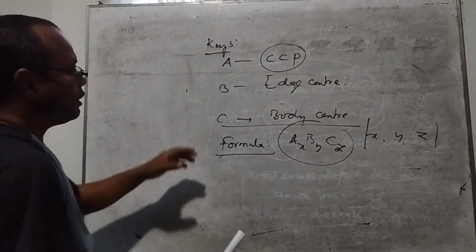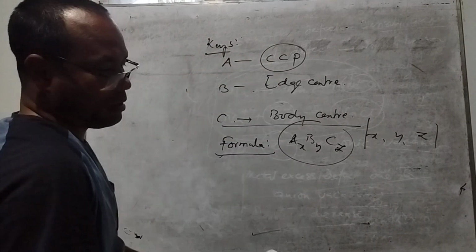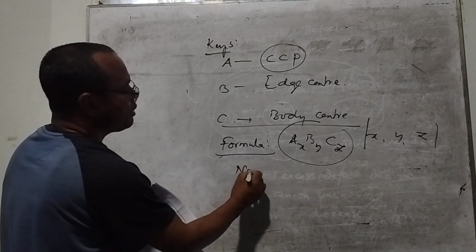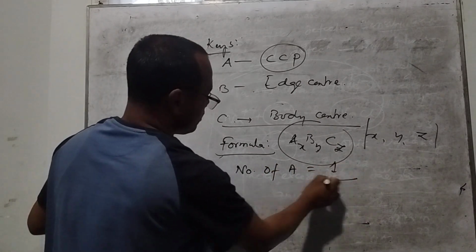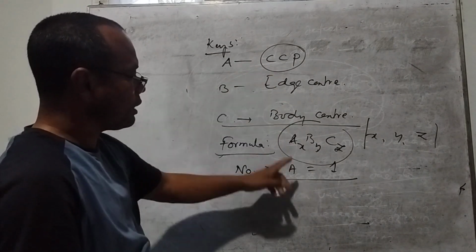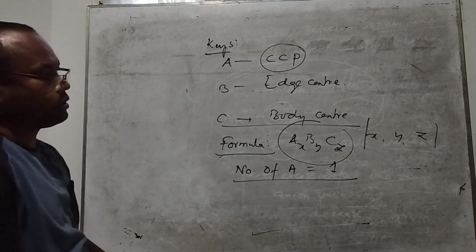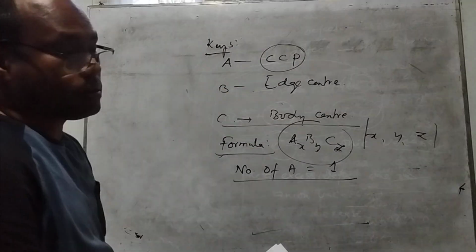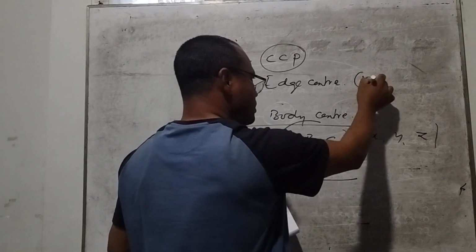Now suppose the number of A in CCP, that means I write A, okay. So the number of A, I suppose here 1, okay, but B occupies a center in a unit cell. How many S centers are there? 12 A centers.